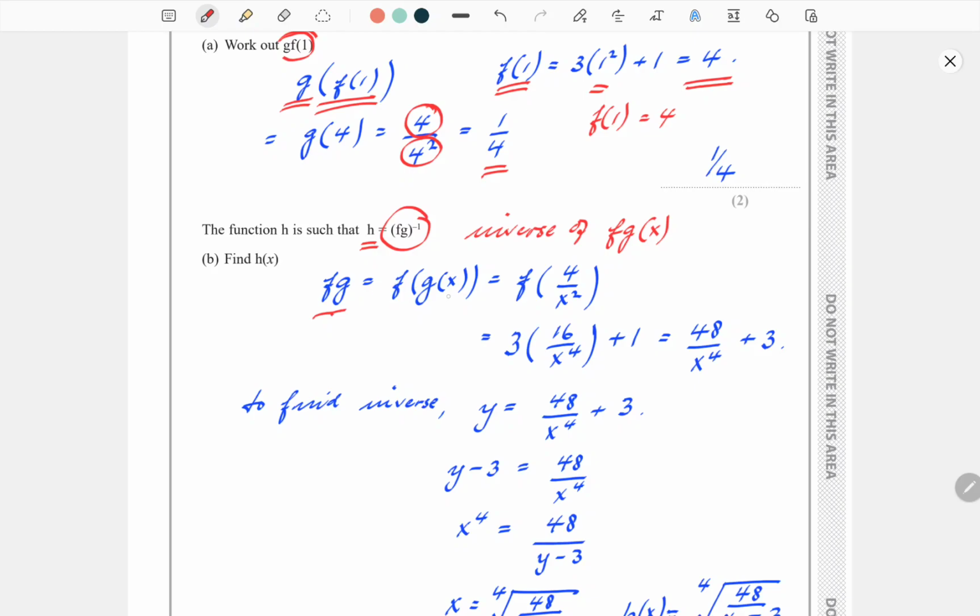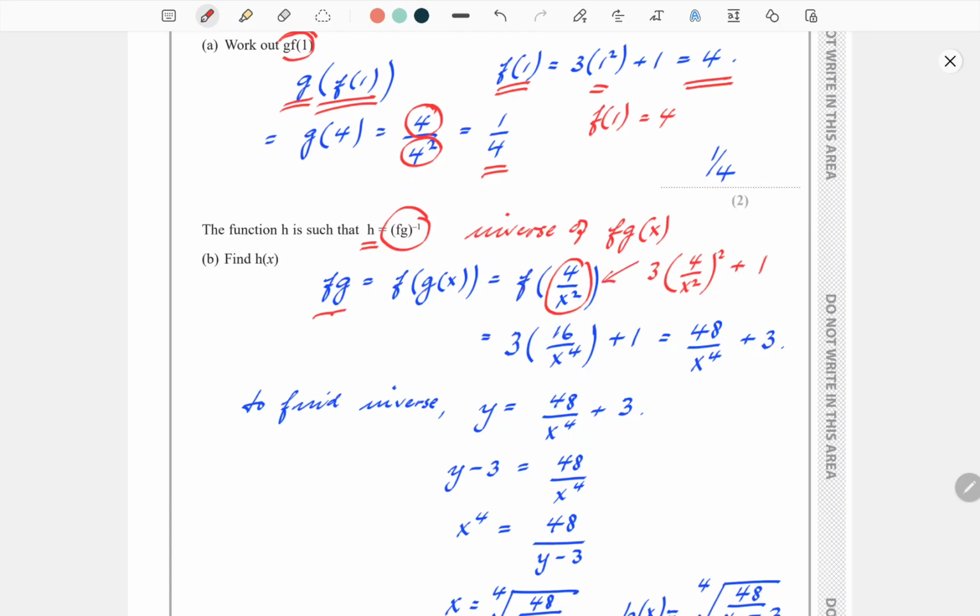And as before, you put x into g first and then into f. Result of g of x we know is 4 over x squared. Put that into f, and let me show you what I've done. It's 3, and that's 4 over x squared all squared plus 1.